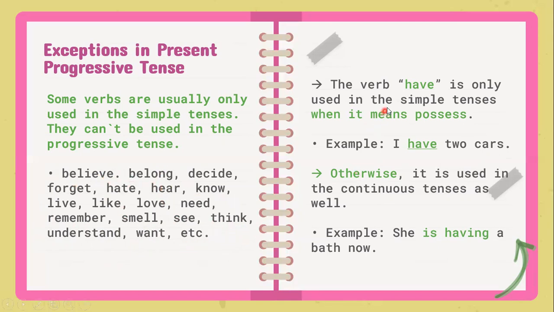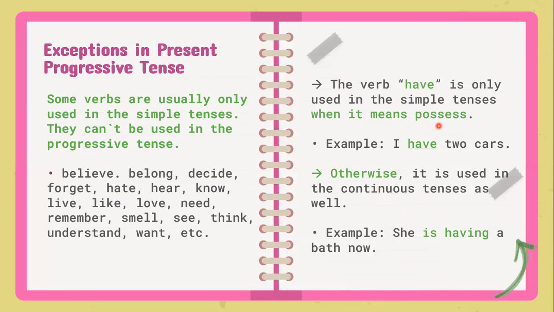Okay. Now, the verb have could be an exception and could be used with ing in a specific case. What's that case? Let's see. The verb have is only used in the simple tense when it means to possess. When I say I have a car or I have two cars, this means I possess, they are mine.